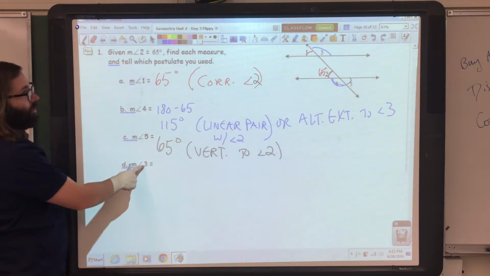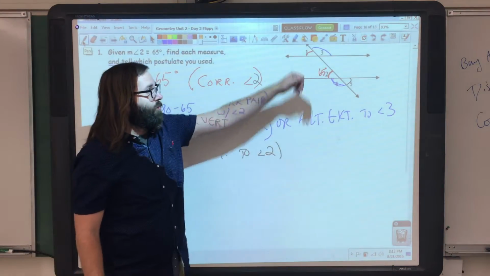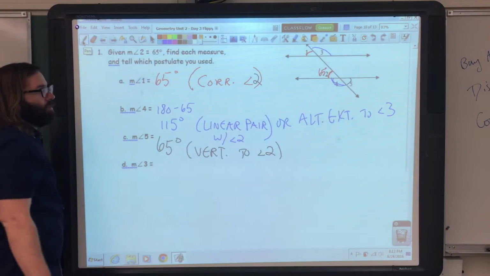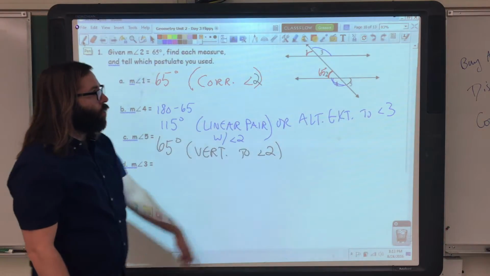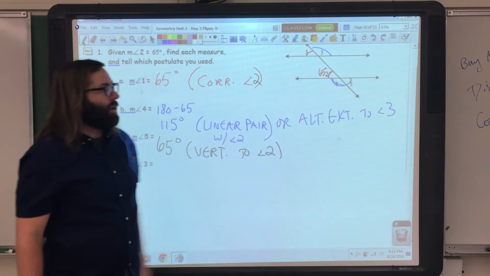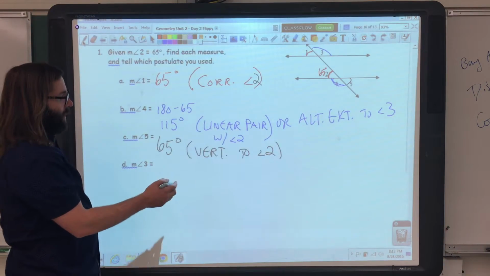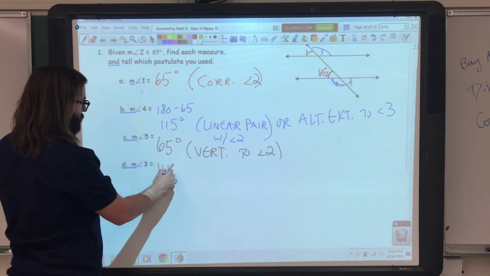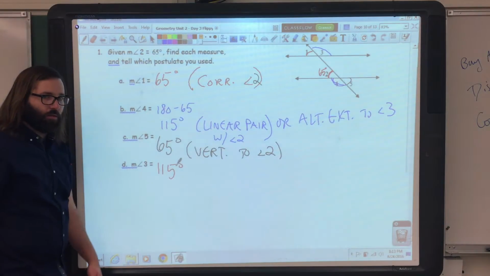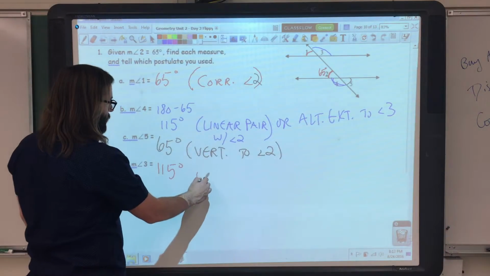Okay, we look at angle 3. We know that it forms a linear pair with angle 1, or it's alternate exterior to 4. Either way, it's going to be 115. Okay, it's a linear pair.